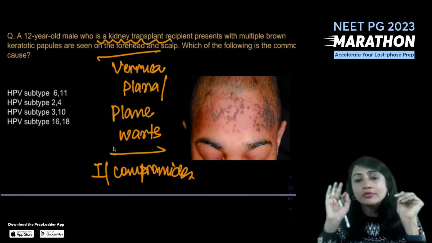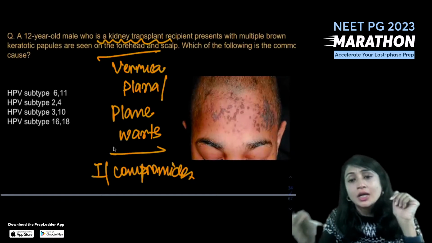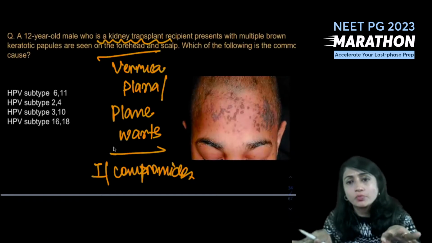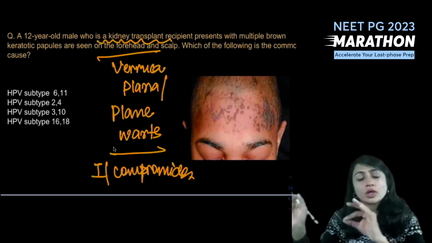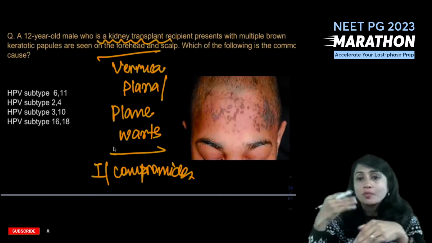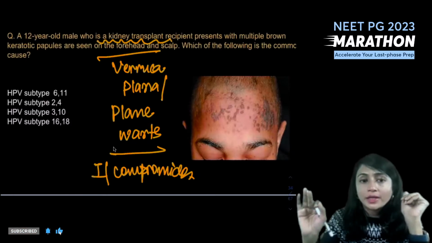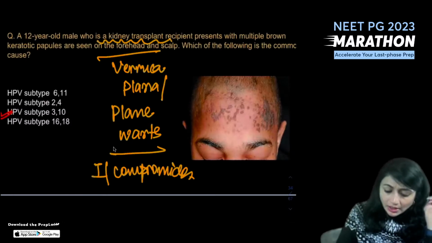So remember on face, when you see more of flat top lesions, and in the history there is some immunocompromised state, they are talking about verruca plana. So that's clear. Then I told you they ask you about HPV subtypes. So what subtype causes verruca plana? It is HPV 3 and 10.